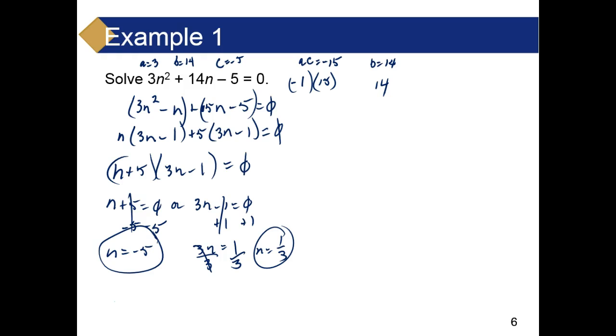Okay? And it's not too bad to check this. If you plug in a -5 here, what's -5 squared? 25 times 3. 75. This sounds like some big numbers to me, so I'm going to write them down. So the first will be 75, okay?